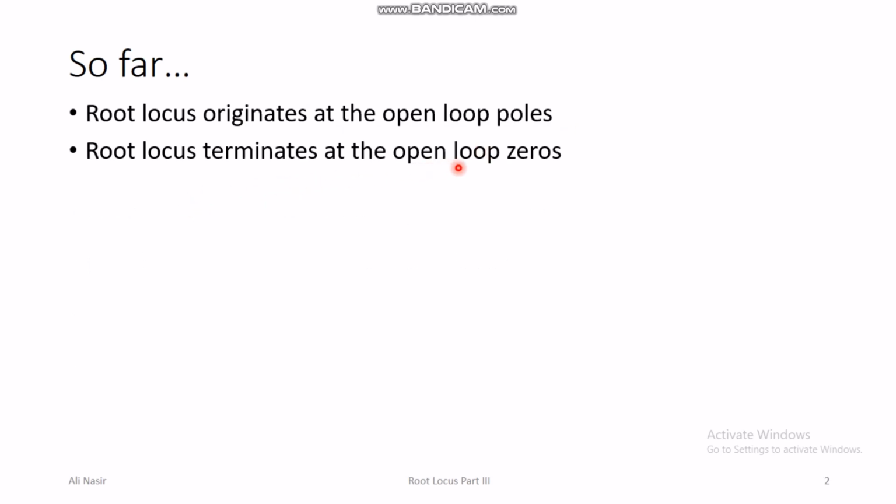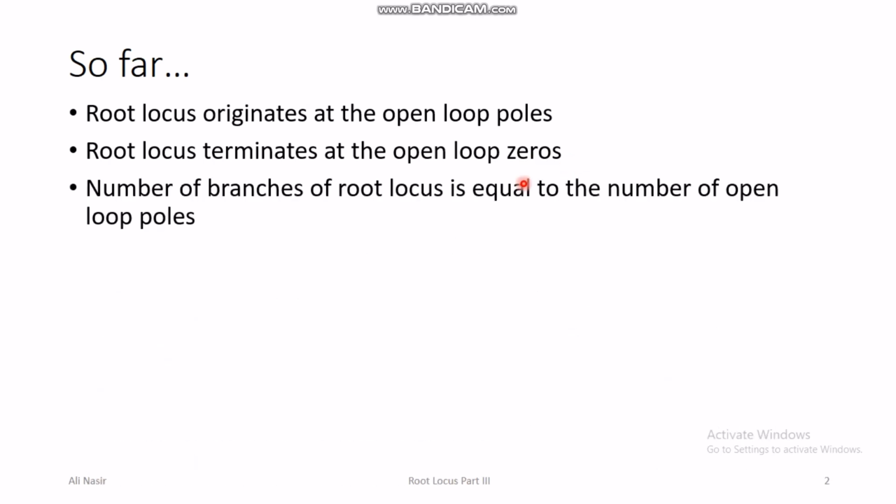So this means that when you close the loop and your gain is a very high value, very close to infinite value, then your closed loop poles are very close to the location of your open loop zeros.